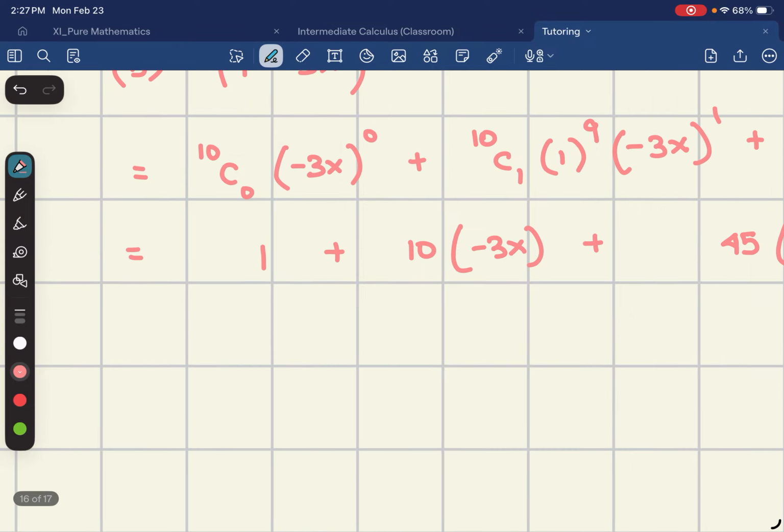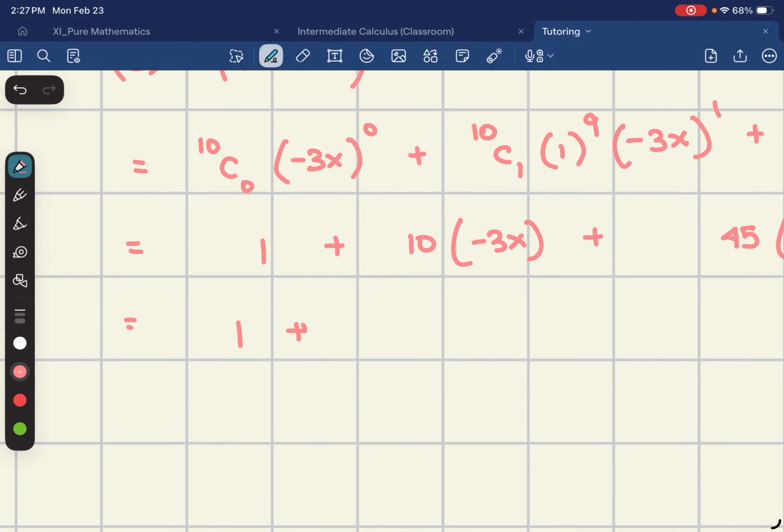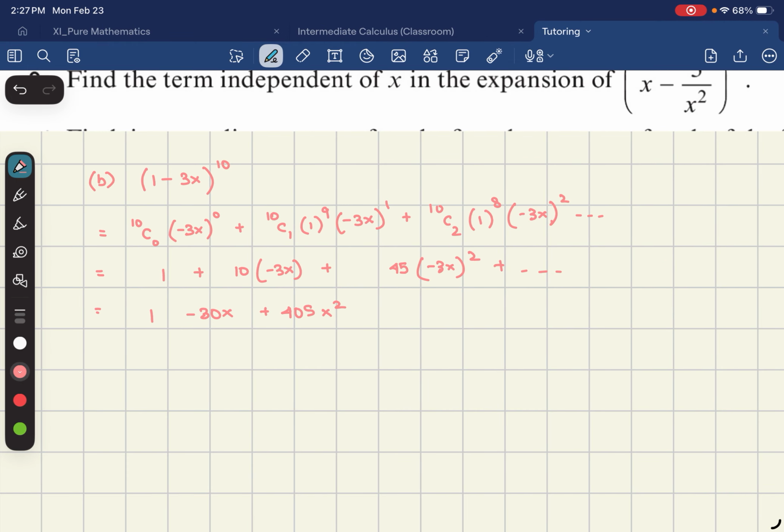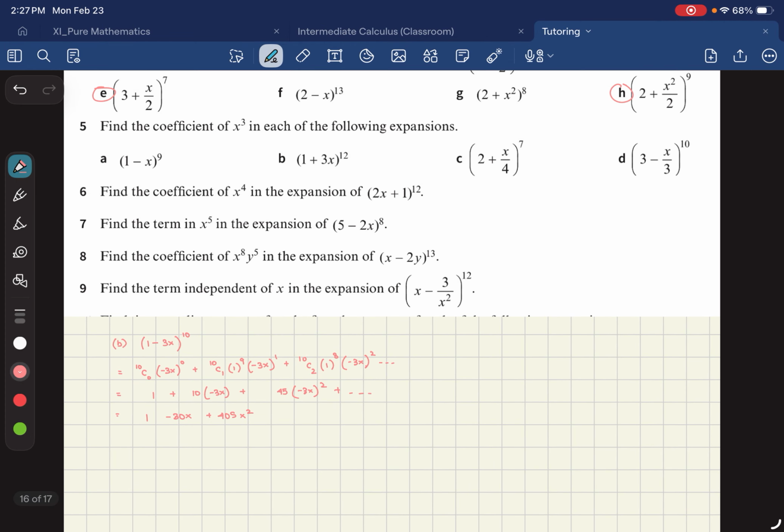And on and on. 10 times minus 3x, I get minus 30x. And then here I get 45 times 9. That is plus 405 because negative 3 squared is positive, x squared. And those are my first 3 terms. 1, minus 30x and plus 405x squared.